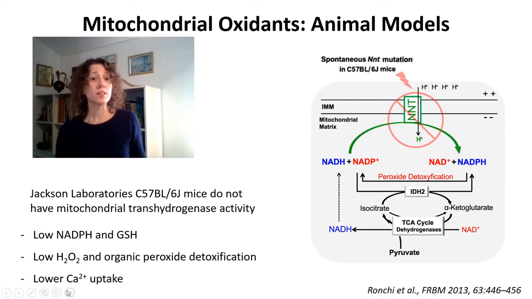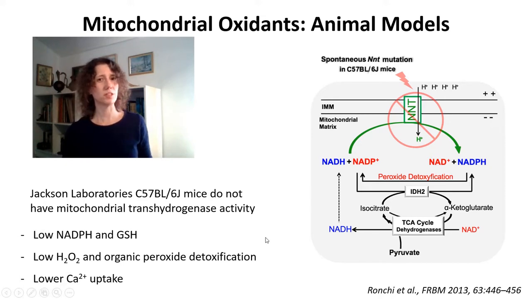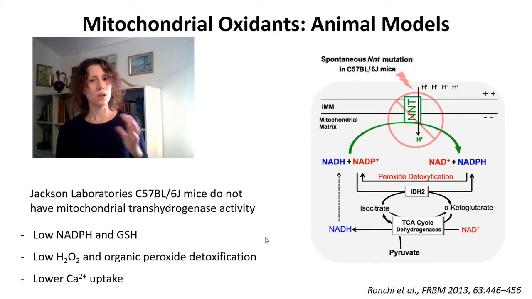And finally, they can take up less calcium. They're more prone to the mitochondrial permeability transition, again, because mitochondrial permeability transition involves oxidative damage to the inner mitochondrial membrane. So these are animals that are not good models for what a human normally would be in terms of mitochondrial redox state because of this spontaneous mutation.